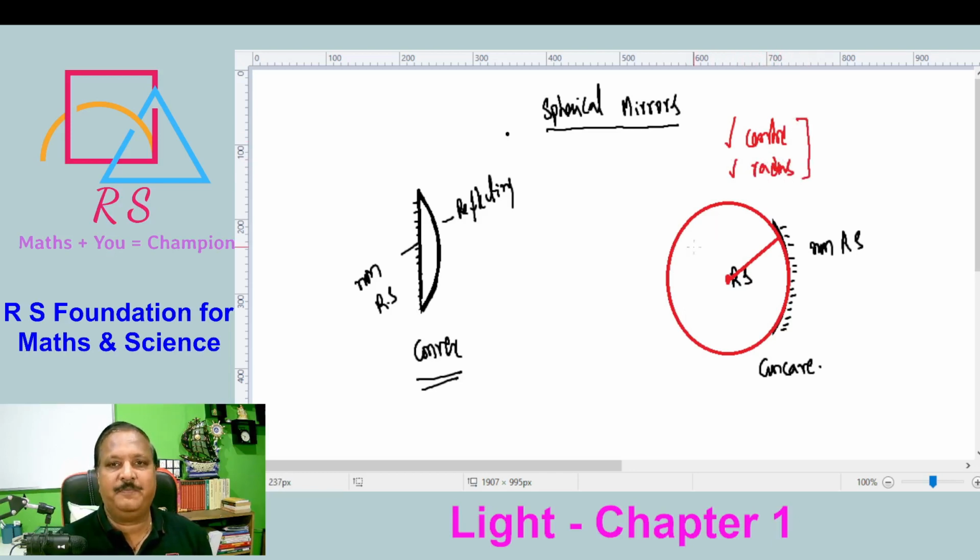These two will come by default, because you have learned a sphere. A sphere has a center and a radius also. Because the mirrors are taken from the sphere, the spherical mirrors also have a center and a radius of curvature.